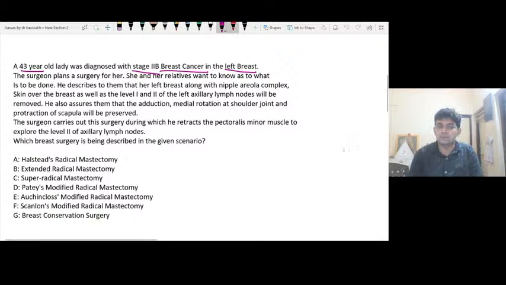So now here comes the actual liners which you need to pick up from the question, right? So what the surgeon describes, that her left breast along with the nipple areola complex, skin, and level 1 and 2 of the axillary lymph nodes are to be removed, right?